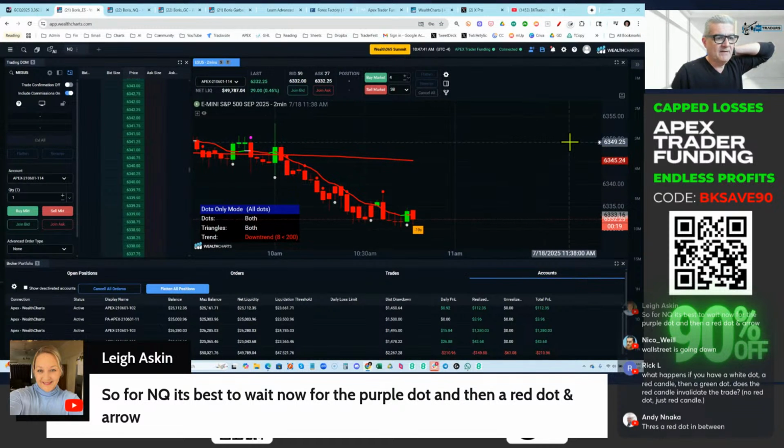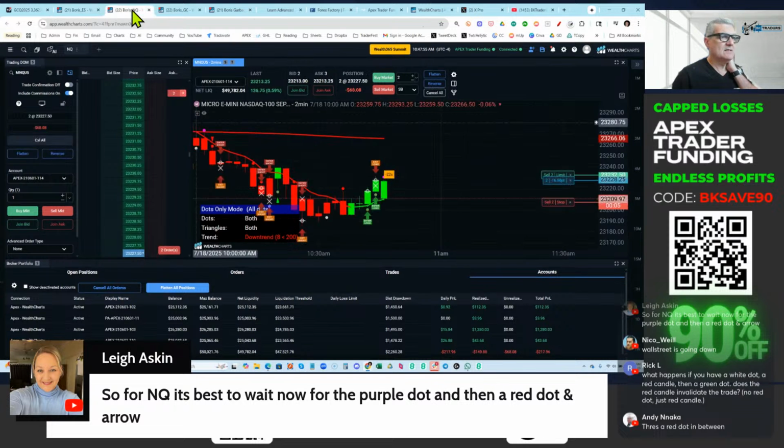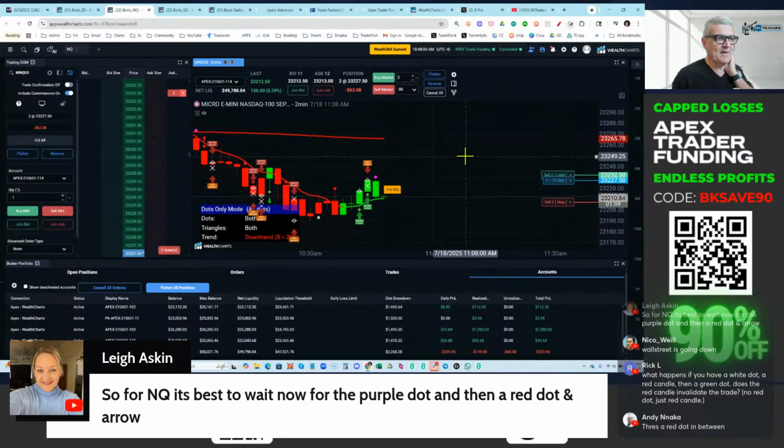Nope, kind of held back, coming back up against it. So it does not print a red dot. The buyers sort of hold off the sellers. Here's the Nasdaq. Nasdaq is still retracing back to the 8-period SMA, but let's see what a battle is at.